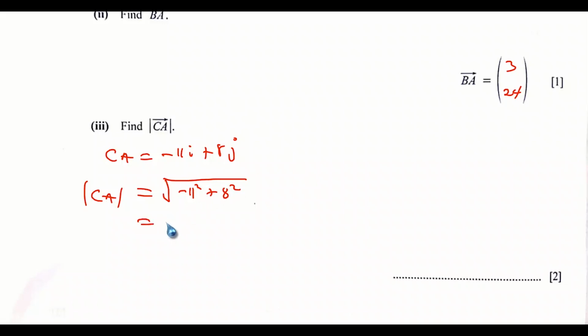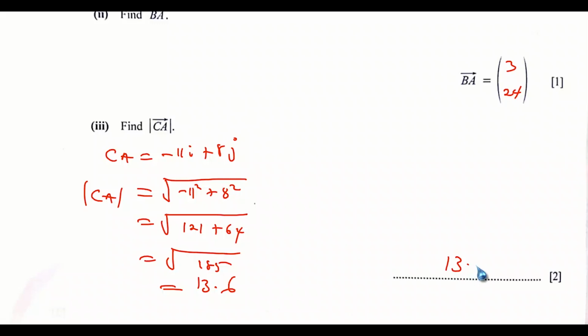So this will be the square root of 121 plus 64, which is the square root of 185, and that equals 13.6. So let's go to the next question.